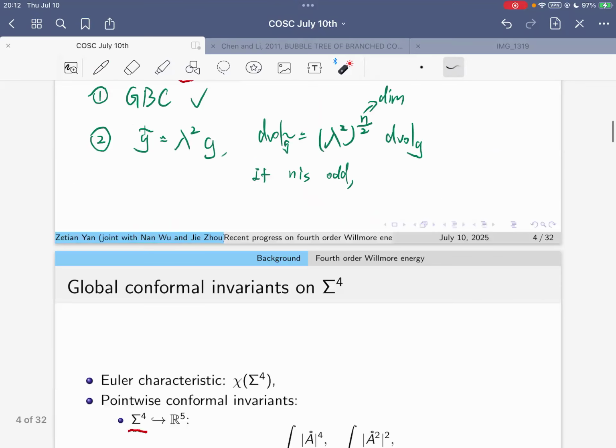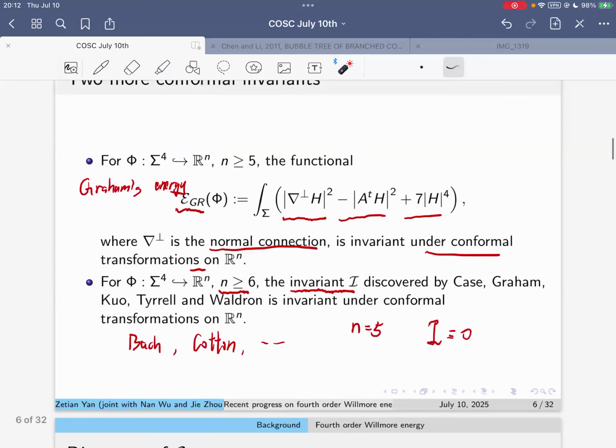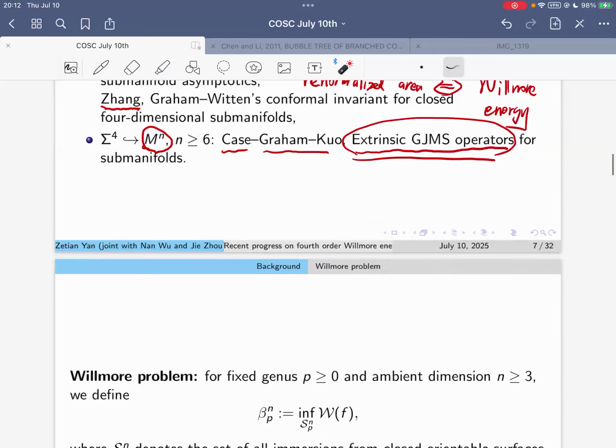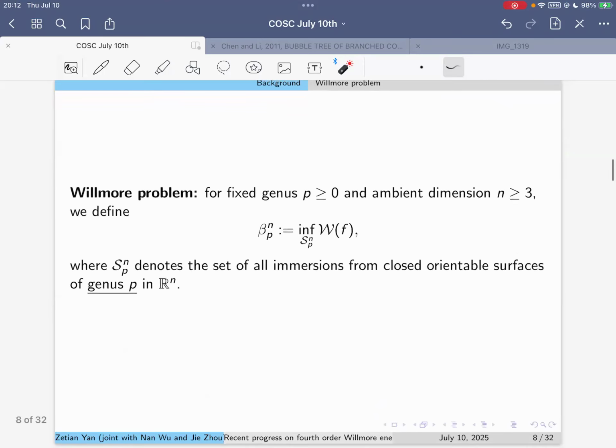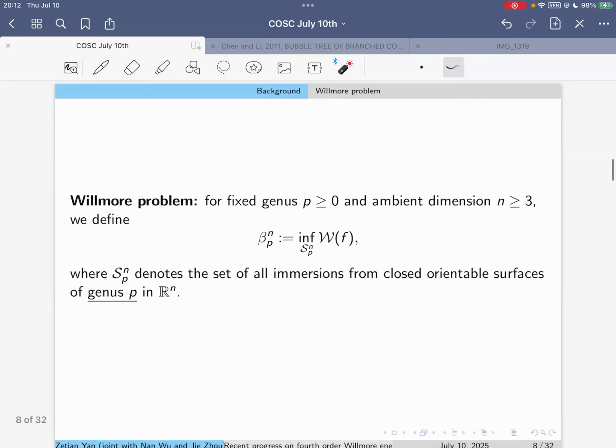For this reason, a lot of physicists and conformal geometers are looking for the canonical fourth order Willmore energy. Because if you choose different coefficients, probably this functional will have some specific meaning in physics. However, from my point of view, in different problems we may choose different fourth order Willmore energy.